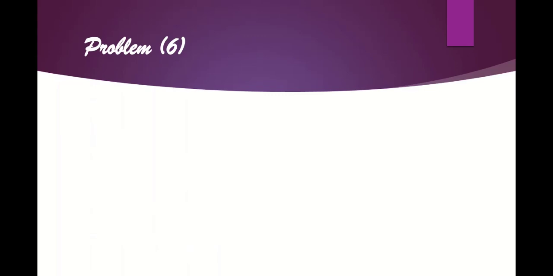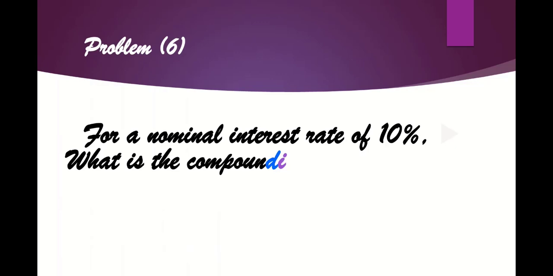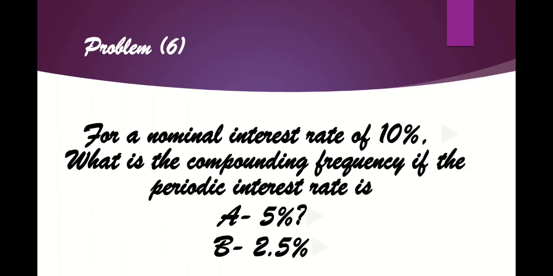Problem number 6. For a nominal interest rate of 10%, what is the compounding frequency if the periodic interest rate is 5%, 2.5%? In this example, he gave you the nominal interest rate plus the periodic interest rate.